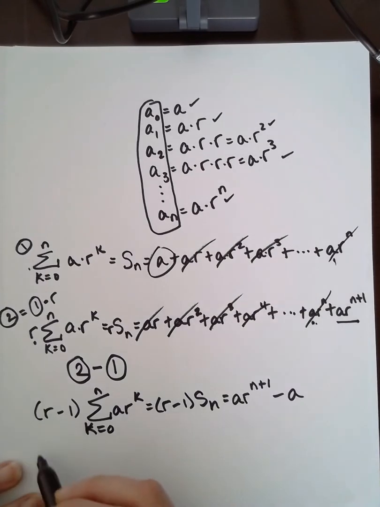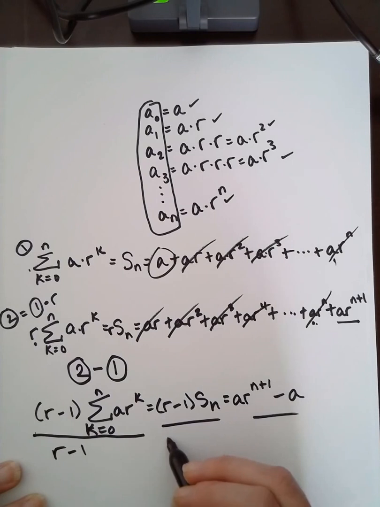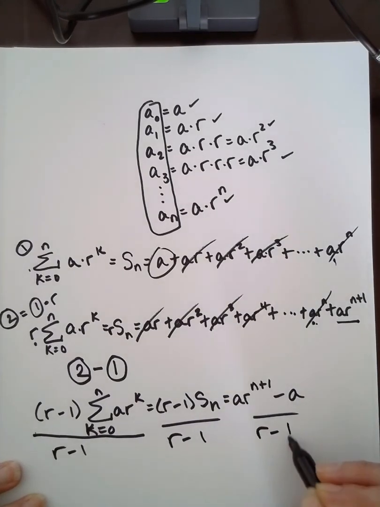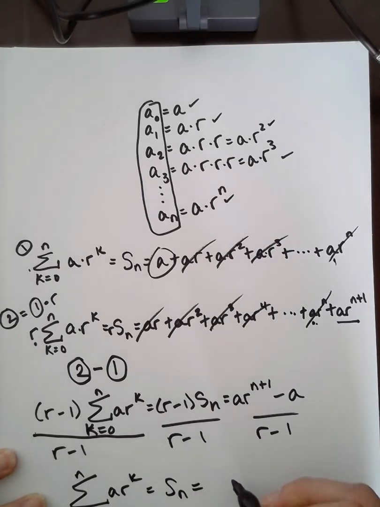Now the only thing left to do is divide all of these by r minus 1. So the sum, and that a will factor out.